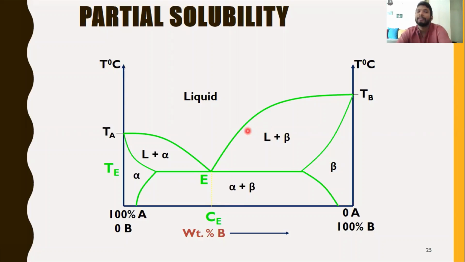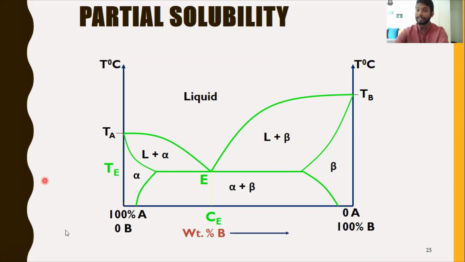So this is the phase diagram when it comes to two partially soluble metals or materials. Partially soluble, not completely, partially. Now we are going to draw the microstructure when they are mixing together.